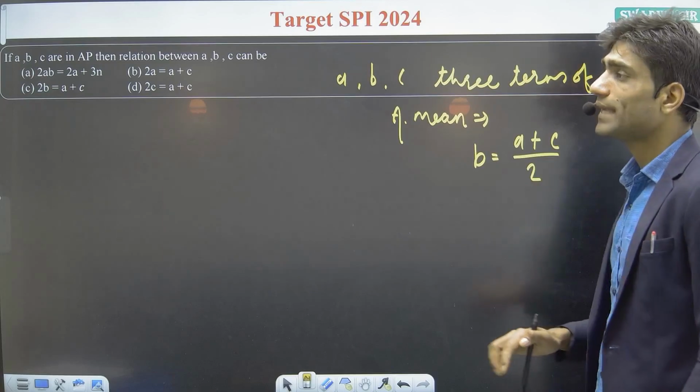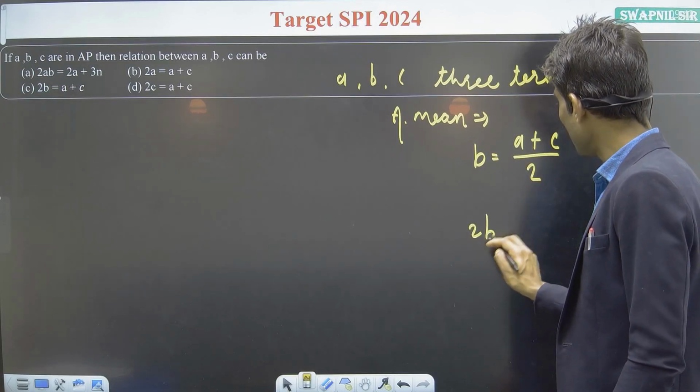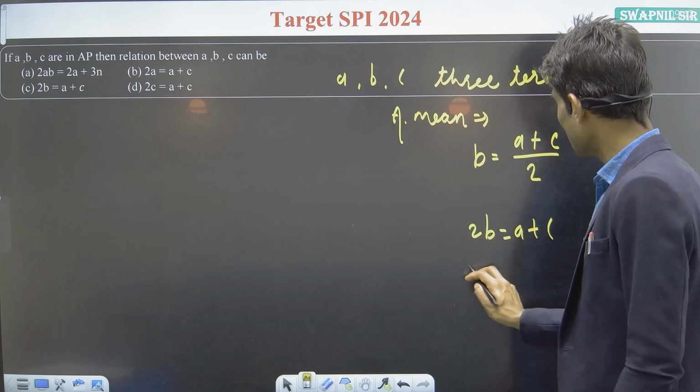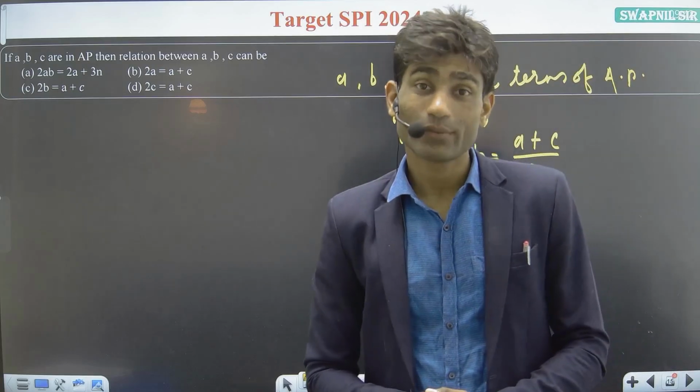That means (A plus C) divided by 2. Take that 2 over, so we write 2B equal to A plus C. This is the standard form of the arithmetic mean of our given arithmetic progression.